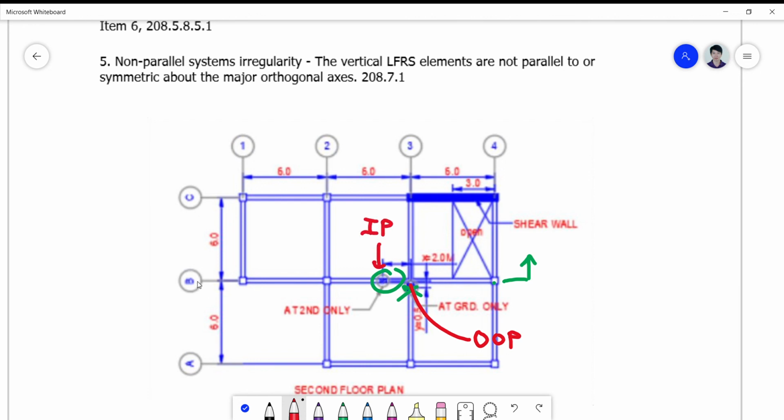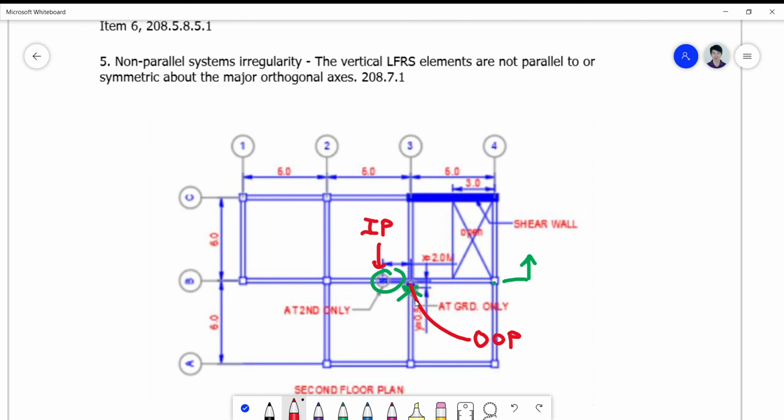In terms of frame B, what if I look at it in terms of frame 3? So if I look at frame 3, it's the other way around. My out of plane offset is this column, and my in plane offset is this column. So you have to bear in mind that what you see depends upon your position. Okay, so when you look into the road and the other side of the road is opposite to you, the other man standing on the other side will tell you that the opposite of the road is actually on your side.